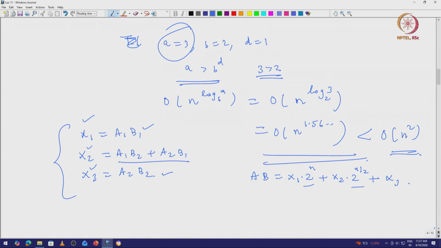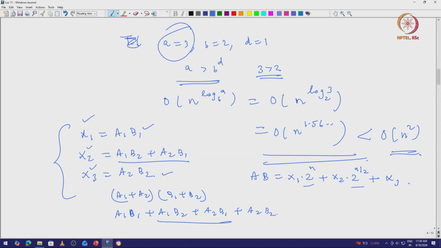This can be found out with one multiplication as follows. Find out A1 plus A2 multiplied with B1 plus B2. Theoretically, this is A1 B1 plus A1 B2 plus A2 B1 plus A2 B2.